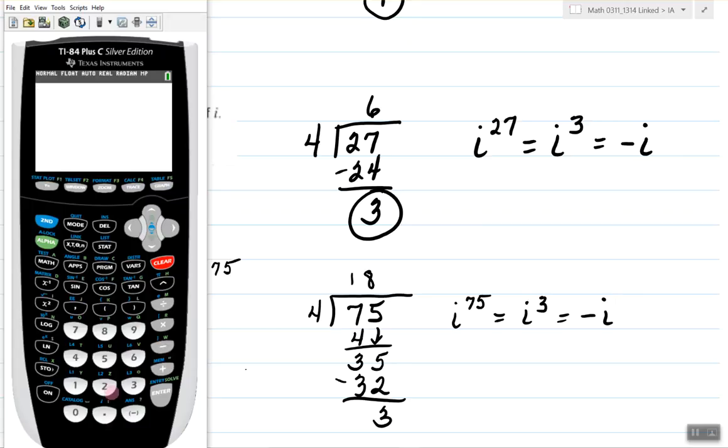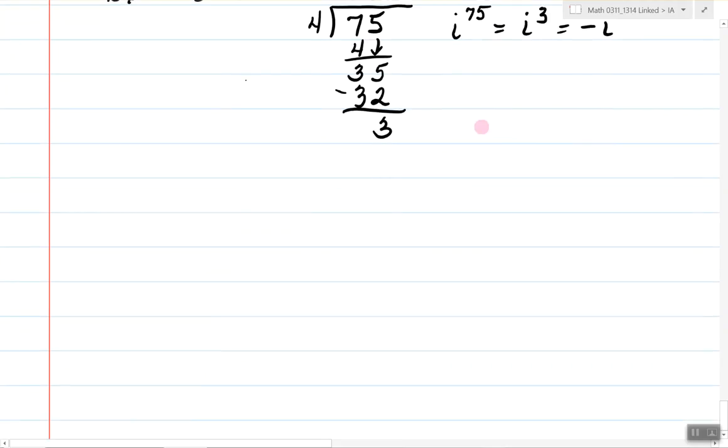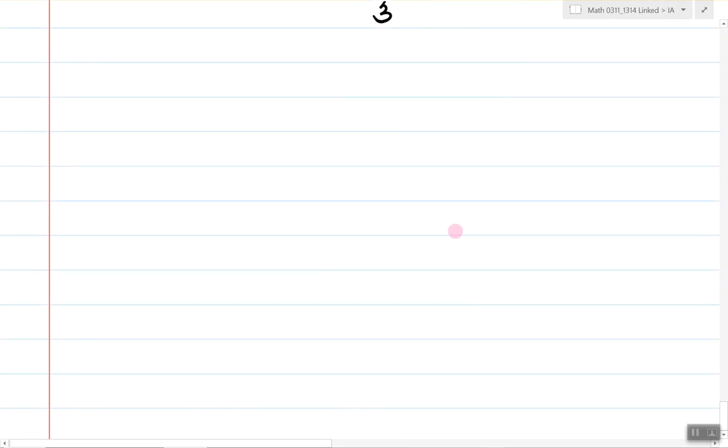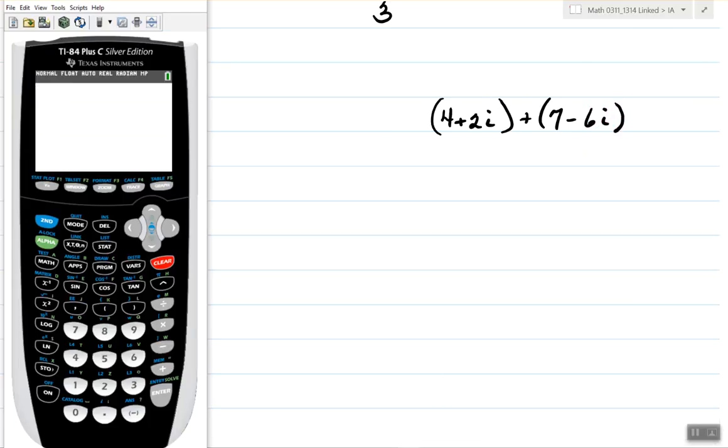So, suppose I had 4 plus 2i plus 7 minus 6i, and I grabbed the calculator. I can put in 4 plus 2, hit the second key, the blue one, 2, then hit the period, i.